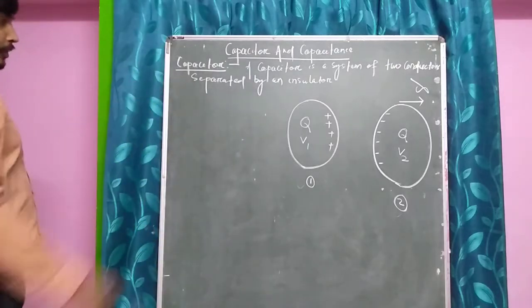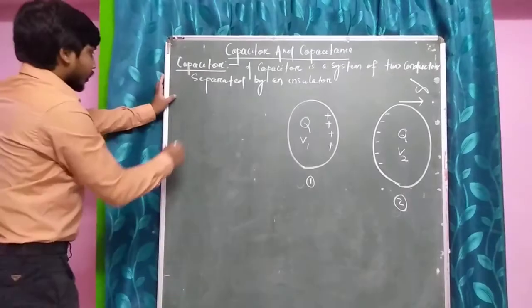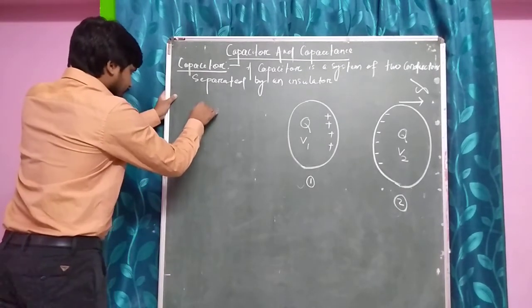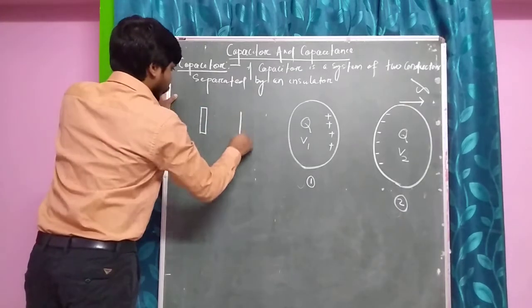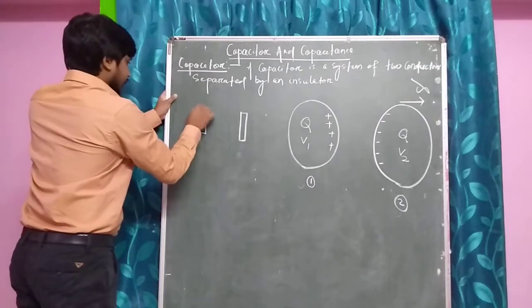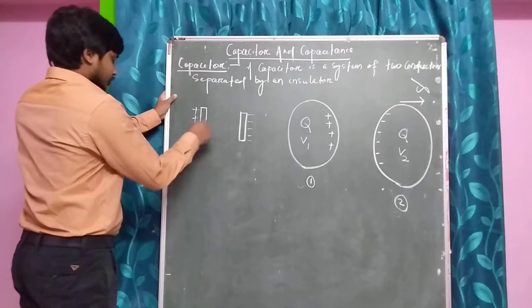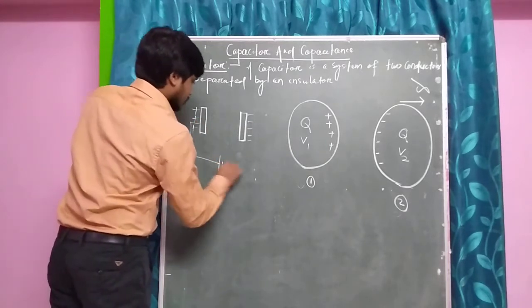One thing always remember, a capacitor is always connected with a battery. Let us come to another diagram. Suppose here two plates are there. One is positively charged and one is negatively charged, and they are connected with a battery.